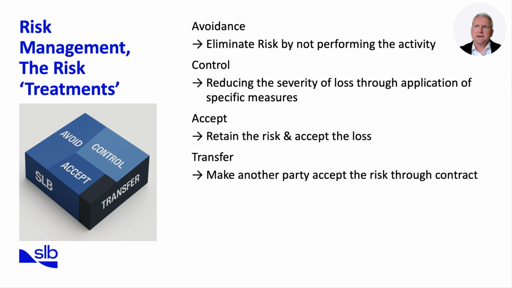This usually applies to low-impact risks where mitigation costs more than the risk itself. Finally, transfer involves shifting the risk to another party through contracts or insurance. For instance, we may transfer risk to a service company by including performance guarantees. Next, we'll examine how human and organizational behavior influence risk decisions through risk aversion.